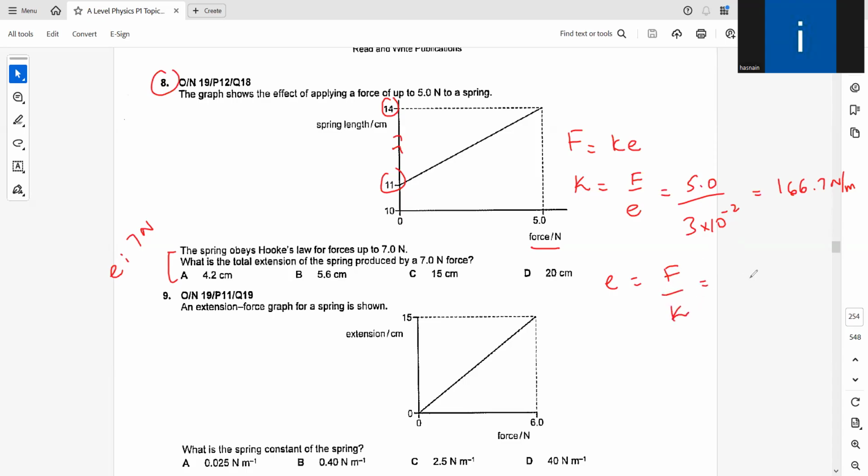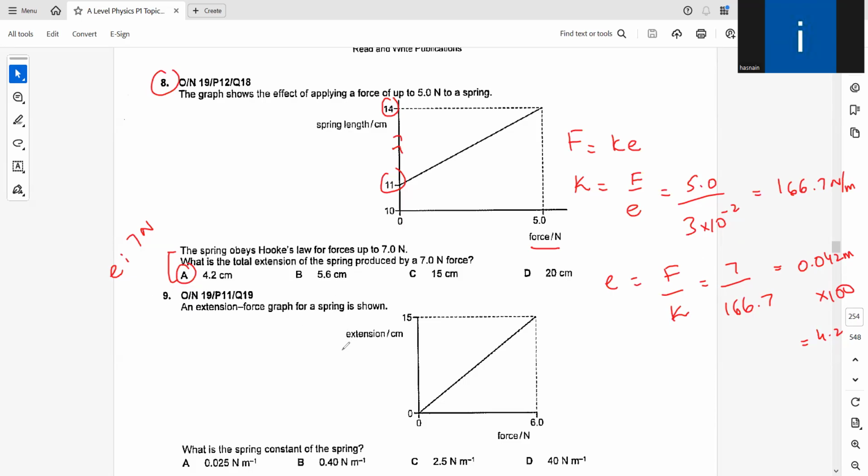The new force is 7 Newton and the spring constant stays the same. This gives us 0.042, which is in meters, so let's multiply it by 100. We get 4.2. That's A.